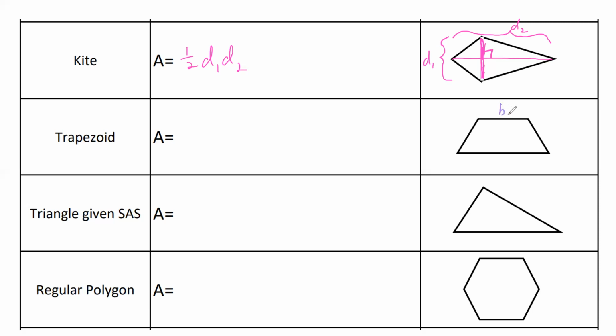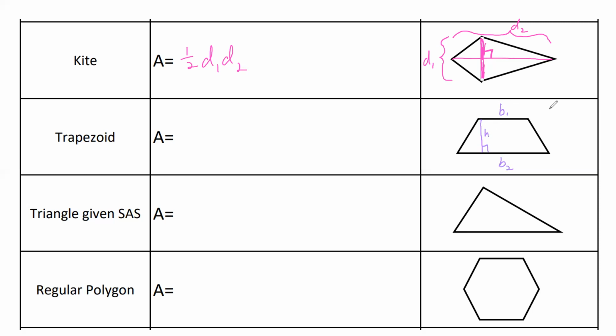All right, so let me label that B1, B2. So we have 2 bases in a trapezoid. We have a height? Yeah, our height is going to be the distance between those bases. And again, it's the perpendicular distance between those bases. Height is always a perpendicular length compared to the base.